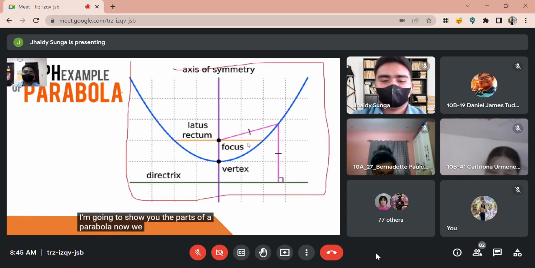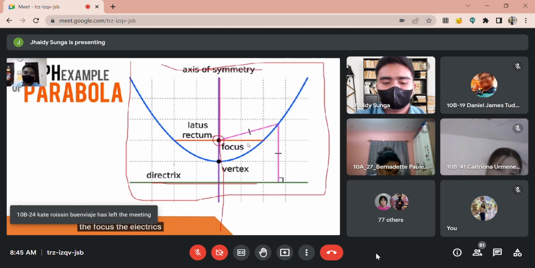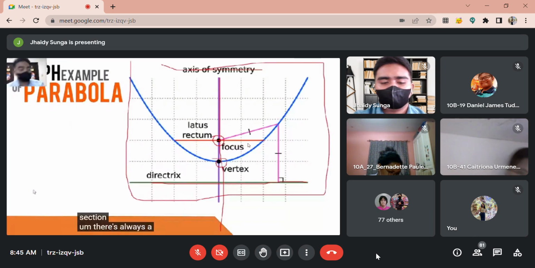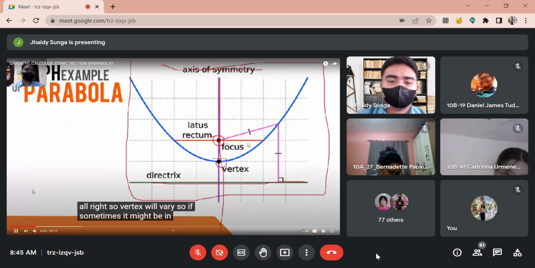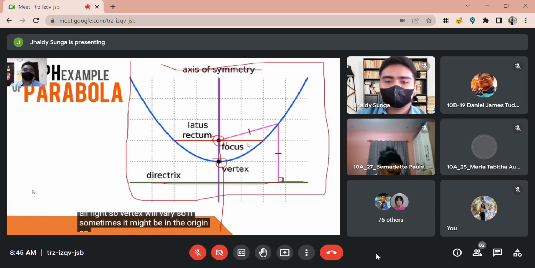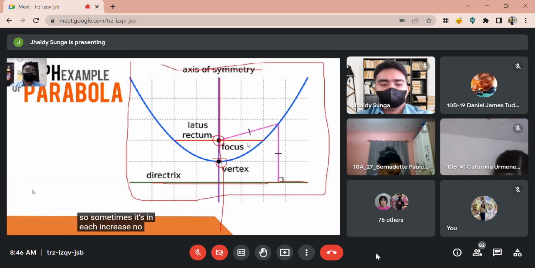Now, we have the axis of symmetry, this one, the latus rectum, the focus, the directrix, and lastly, the vertex. In some cases in the conic sections, there's always a center, isn't it? But in this case, you only have the vertex. So the vertex will vary. Sometimes it might be in the origin, sometimes it's at (h, k).